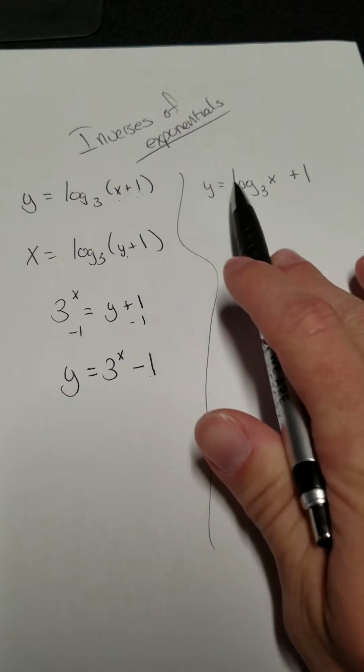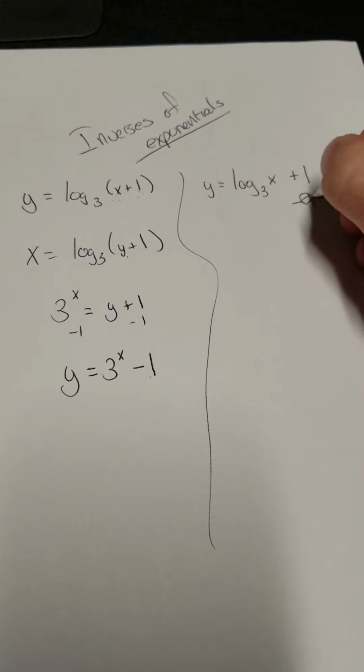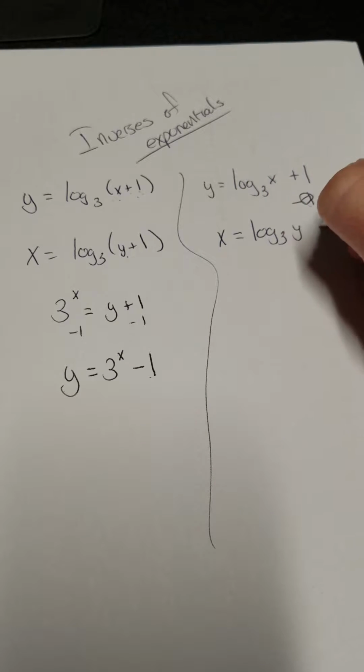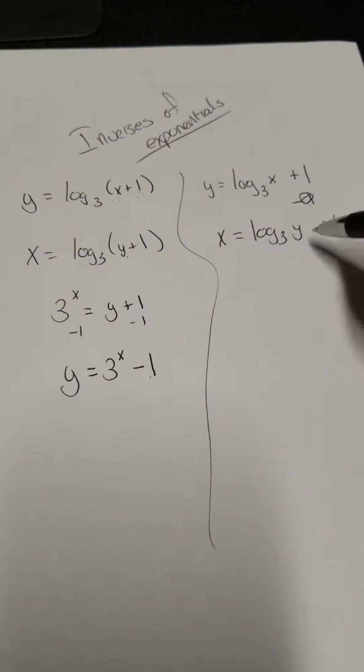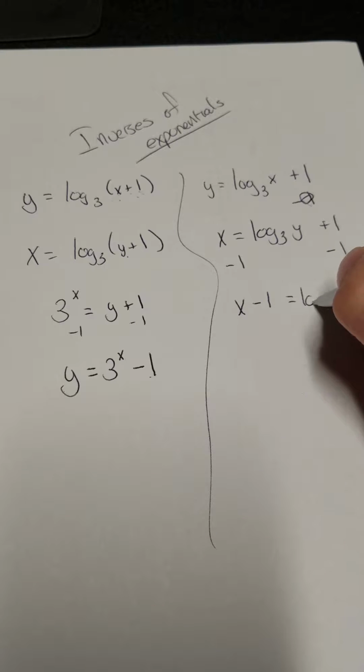Before I can rewrite this one as an exponential, let's swap x and y first. So x equals log base 3, y plus 1. So now, to rewrite the log, I have to get rid of this piece first. So x minus 1 equals log base 3 of y.